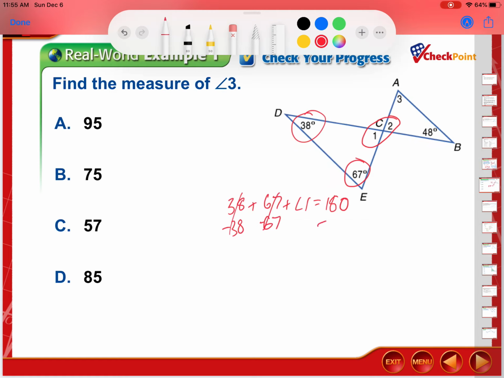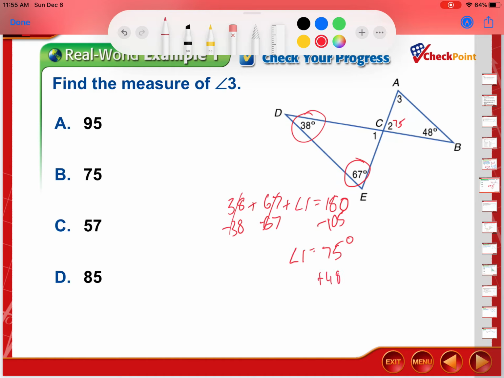And then if we subtract 38 and subtract 67, which would really be subtracting 105, we end up with angle 1 equals 75 degrees. So if angle 1 equals 75, then angle 2 also equals 75.